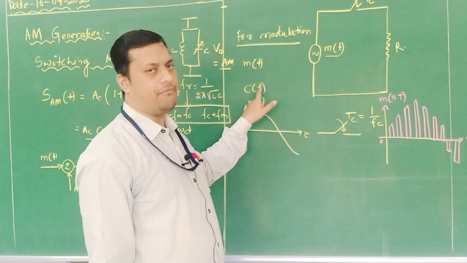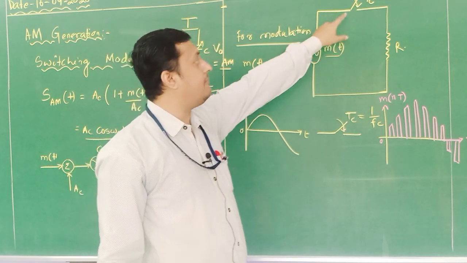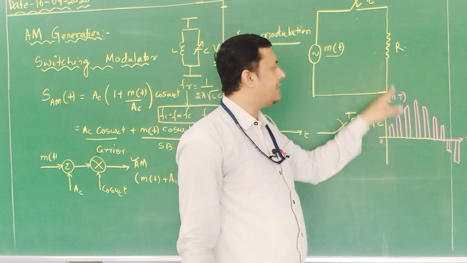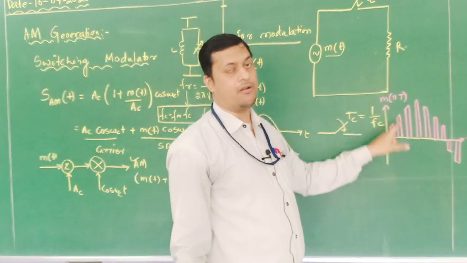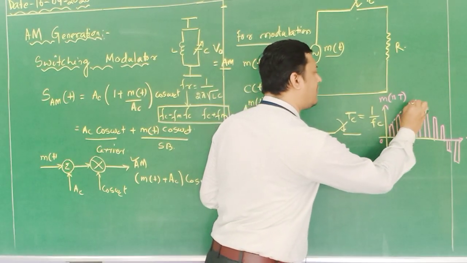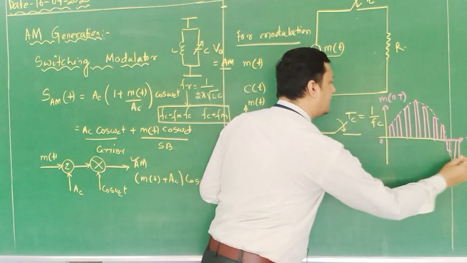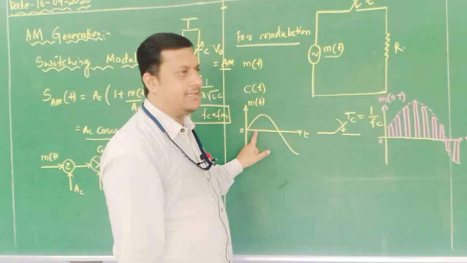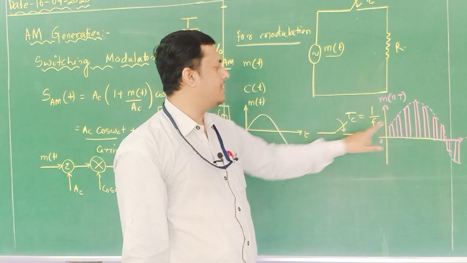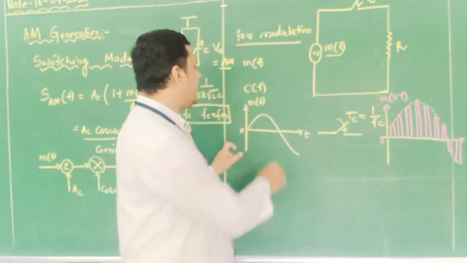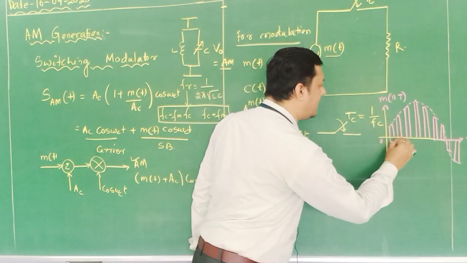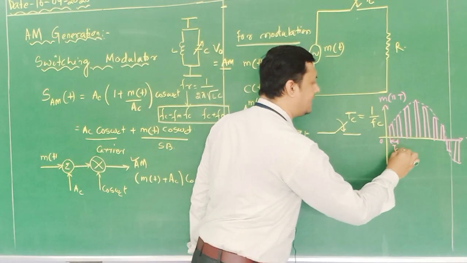Tc is related to the carrier frequency. So with the help of the switching condition, the output available at R is m of nTc, the sampled signal. If I join these samples like this, the modulating signal is compared with respect to this figure, which indicates that individual positions were identified. So this T on and T off I can say is Tc.